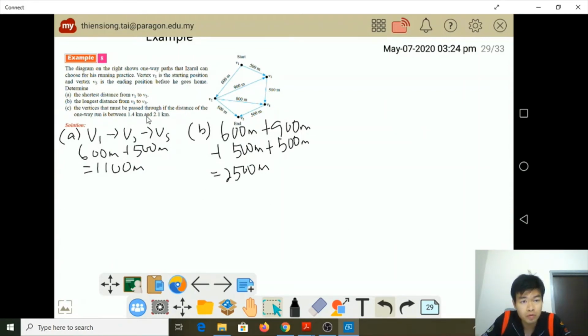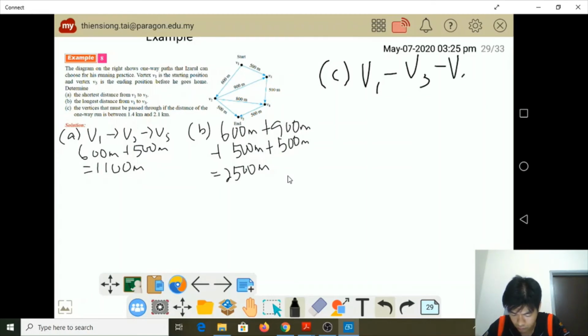Next, the vertices that must be passed through if the distance of the one-way run is between 1.4 km and 2.1 km. Again, trial and error method. The answers for the shortest distance and the longest distance are no longer our consideration. So we have to list down other paths that he may run. V1, V3, V4, and V5. This is another possibility, which is more than 1.4 but less than 2.1.